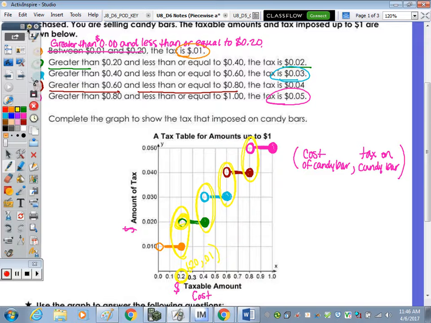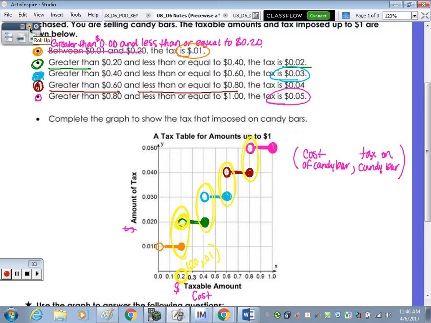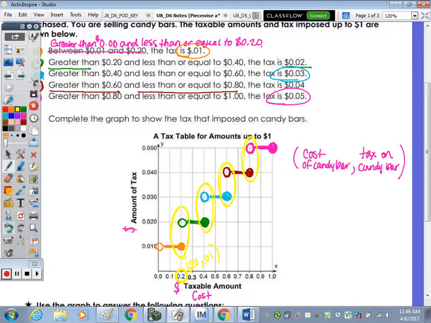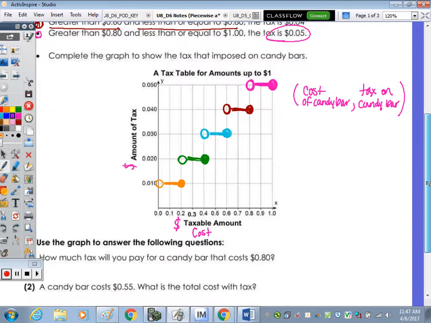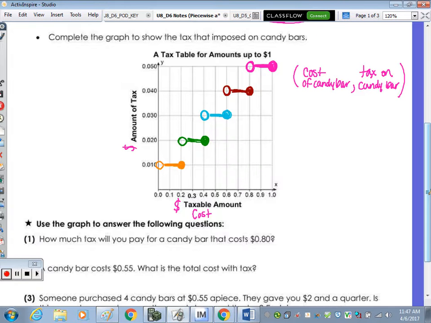So let's take a look at the questions at the bottom. First question. Using the graph, how much will you pay for a candy bar that costs 80 cents? So 80 cents on the x-axis, you look up, and you have your 2 circles.